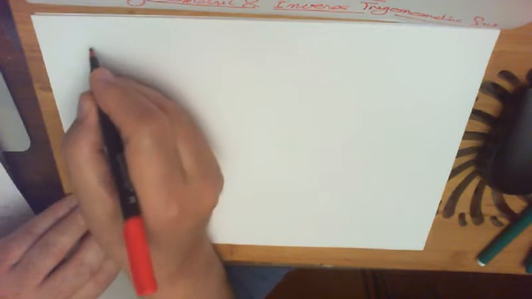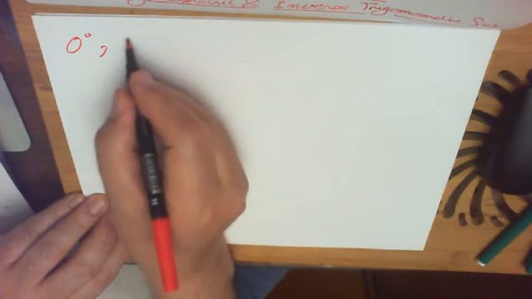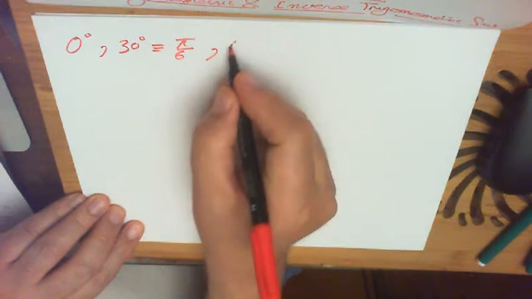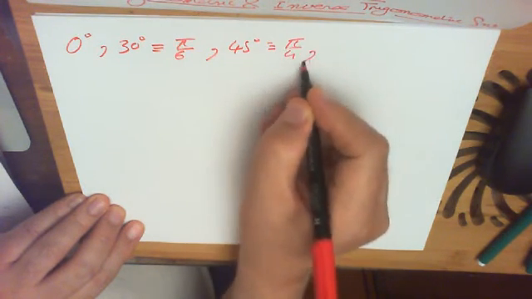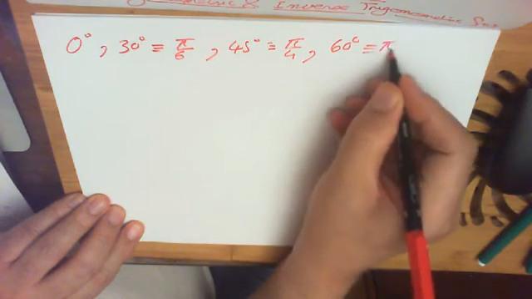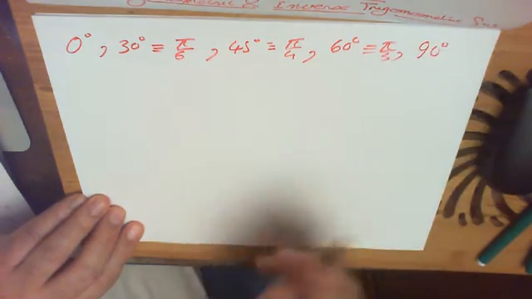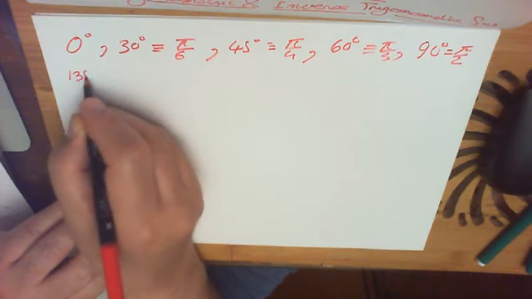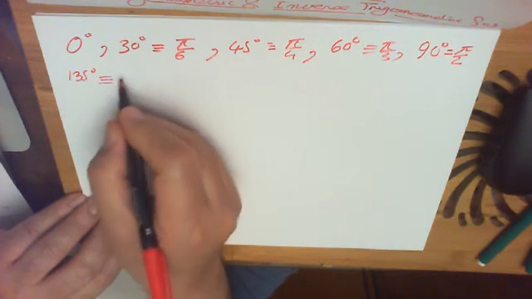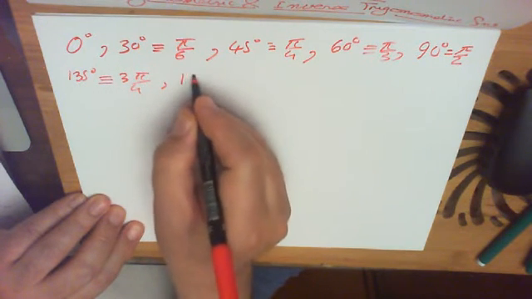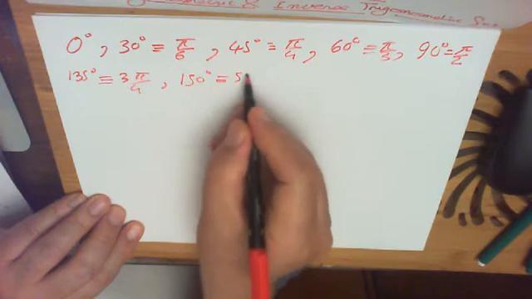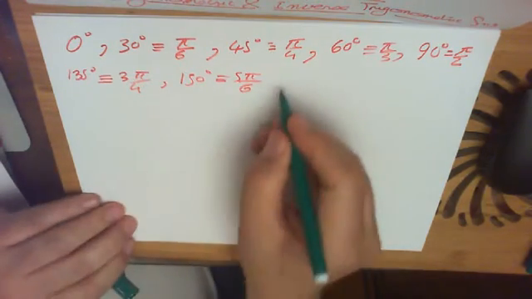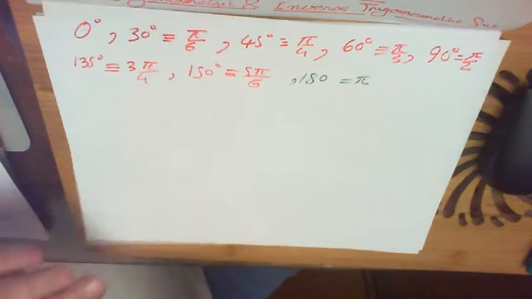As you know, we have the angle 0, the angle 30 degrees, which is pi by 6, the angle 45 degrees, which is pi by 4, the angle 60 degrees, which is pi by 3, the angle 90, which is pi by 2, the angle 135, which is 3 pi by 4, the angle 150, which is 5 pi by 6, the angle 180, which is pi.